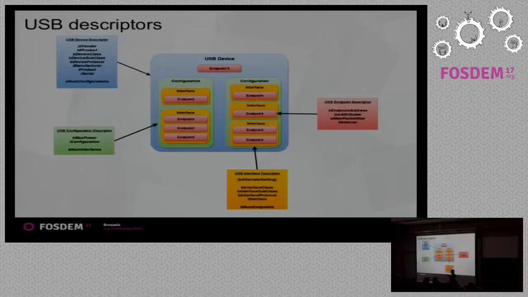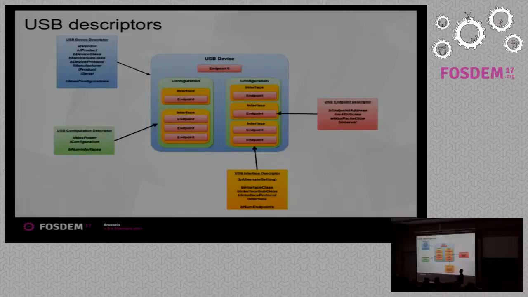Then we have some strings: the string which represents the manufacturer, of course the product, the serial, and of course the number of configurations. Each configuration has information about the amount of power which is needed from the host to run this configuration, and the number of interfaces.